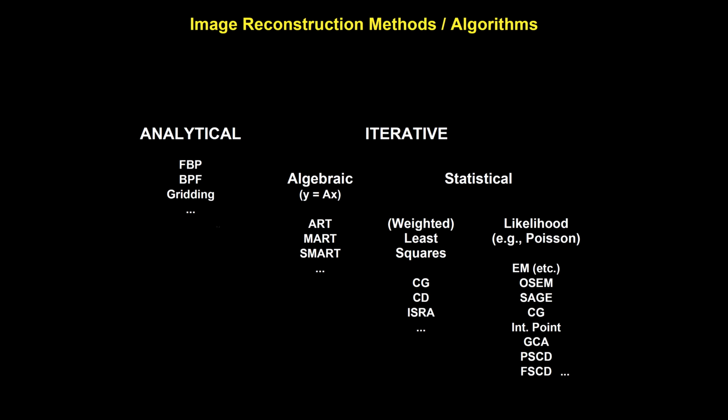And for iterative reconstruction, if you don't consider any noise in your data, then you can just use algebra to design your algorithm. Basically, you find the projection of linear equations. This is mostly called the ART algorithm.